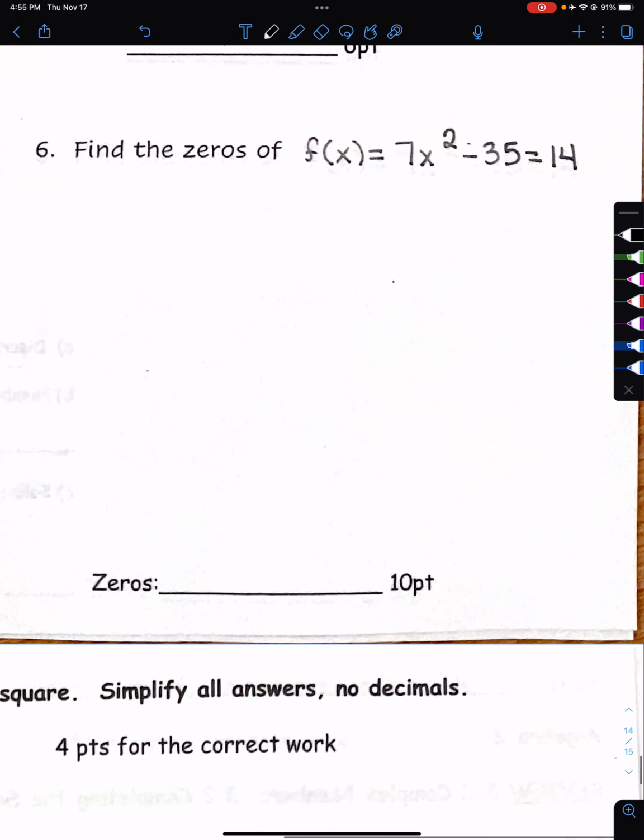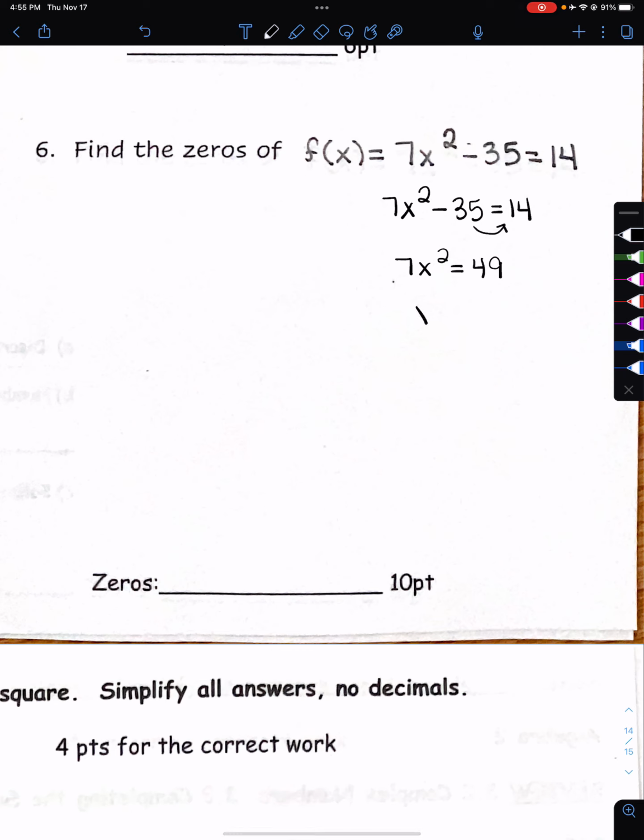First thing though, I'm trying to get the x squared by itself, so I need to isolate the x squared. So I'm going to add 35 to both sides. So I have 7x squared minus 35 is equal to 14. When I add 35 to both sides, I get 7x squared is equal to 49.